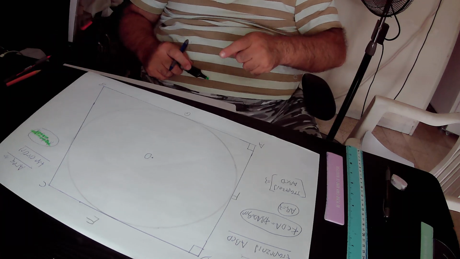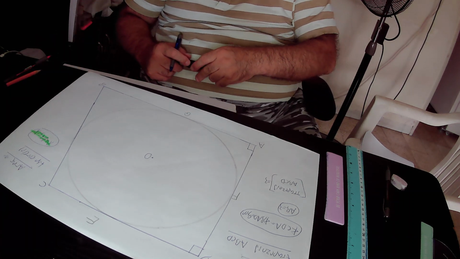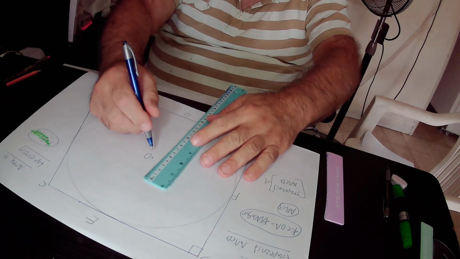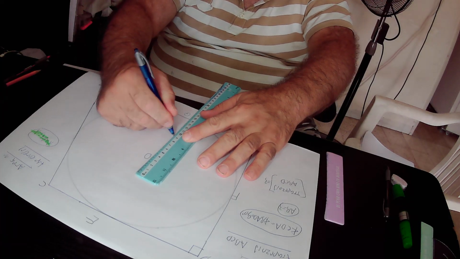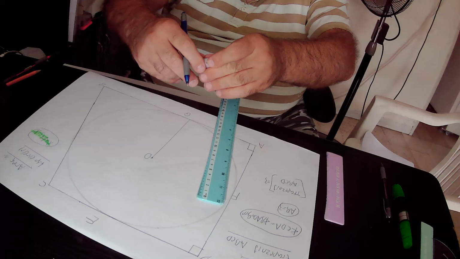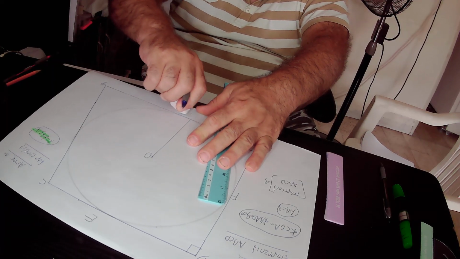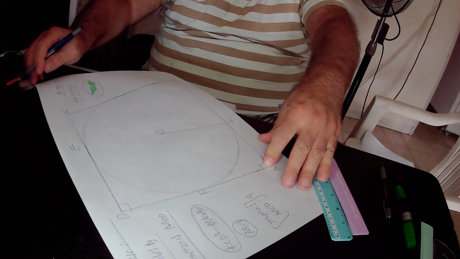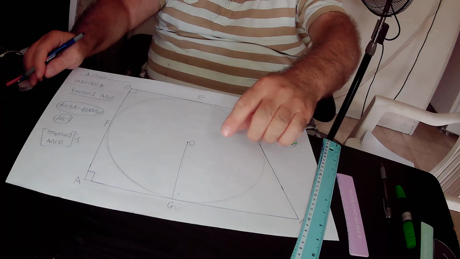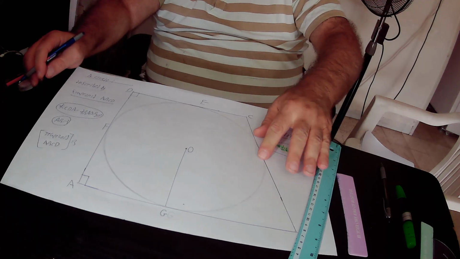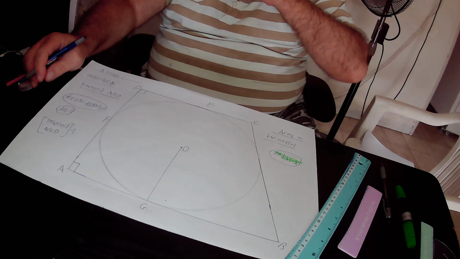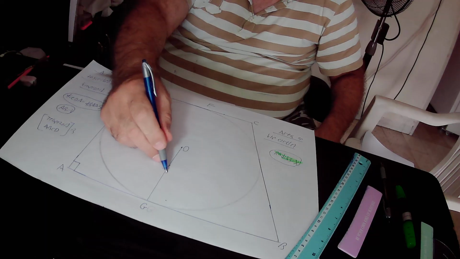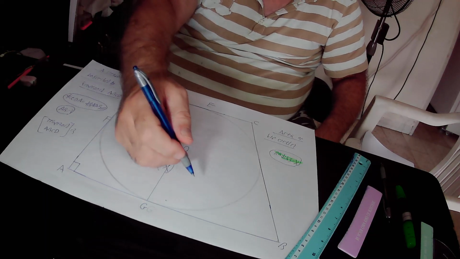In the next step, we join points O and G together by a straight line. Point O is the center of the circle, point G is a point on the circle itself, therefore OG is the radius of this circle, that equals X. So here we can implement rule 1 in our drawing.